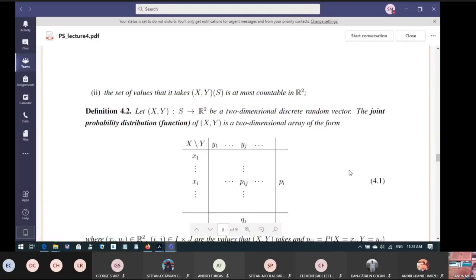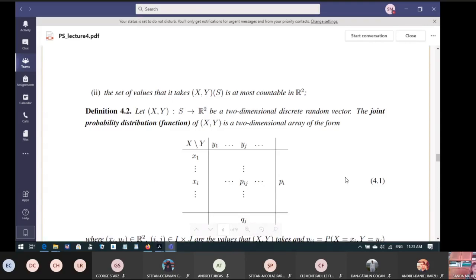Again, just like with variables, we're not going to write vectors as functions. Instead, we're going to give the PDF or the joint PDF. Sometimes it's called joint probability distribution to emphasize the fact that it's for a vector, so for both components of that vector, X and Y. Joint PDF or simply PDF, actually you can always recognize that it's a vector just by looking at the values, the dimensions.